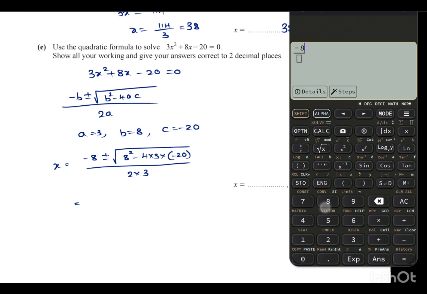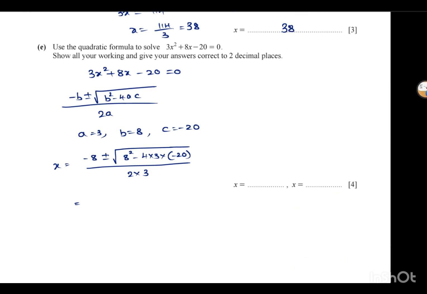Fraction button, negative 8 plus or minus. First we'll take plus: square root of 8 square minus 4 into 3 into minus 20, by 2 into 3. 1.572, we can make it 573. They said to write the answers corrected to 2 decimal places, so first let us write the 3 decimal places. 1.573 will be the value when we took plus.